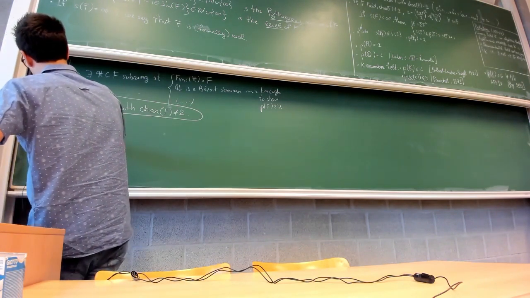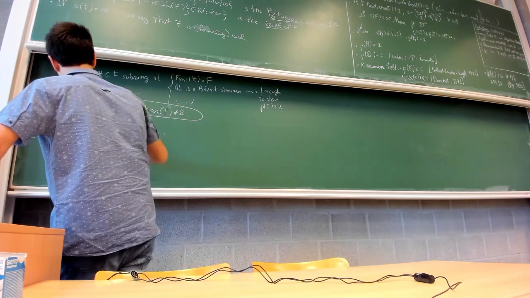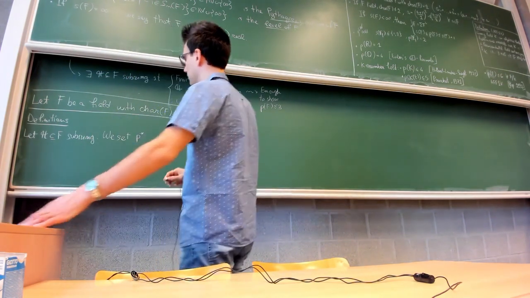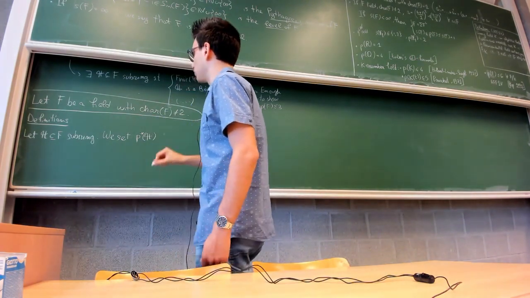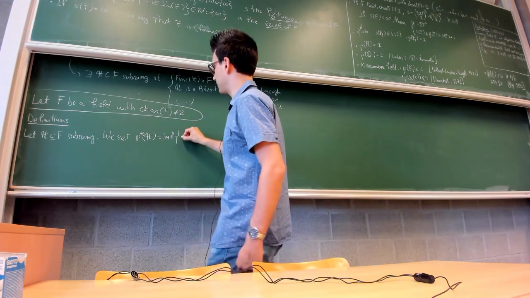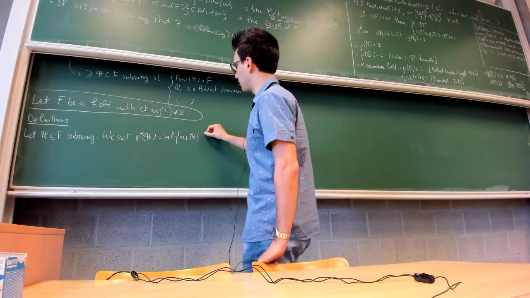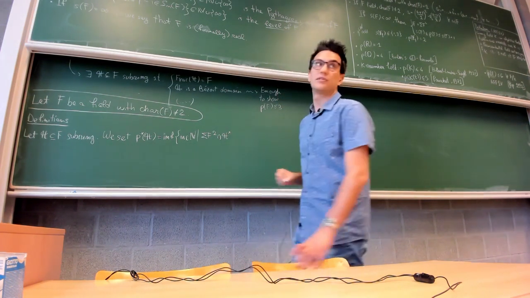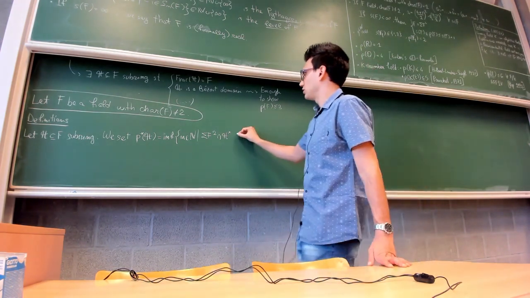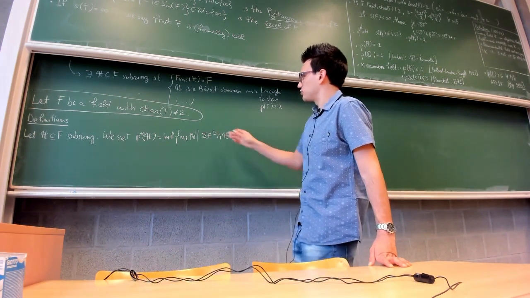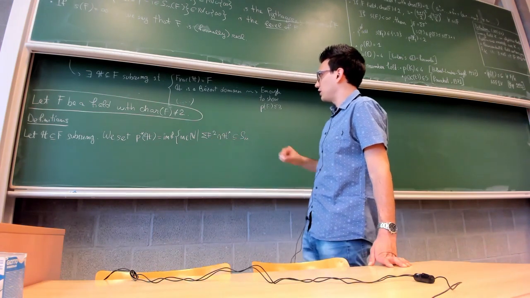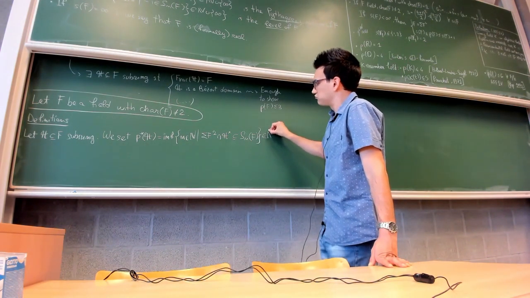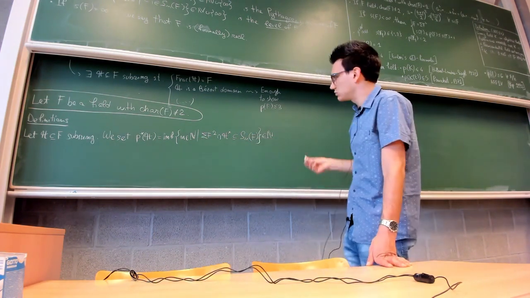Let's consider a subring H of F. We introduce a new number associated to H, which is the smallest integer such that any sum of squares in the field that is a unit, that belongs to H and is invertible in H, is actually a sum of n squares in H. So we are taking the smallest integer such that any sum of squares that is a unit in H is a sum of n squares in H. Again, there is no reason why such an integer should exist, so it might be infinite.